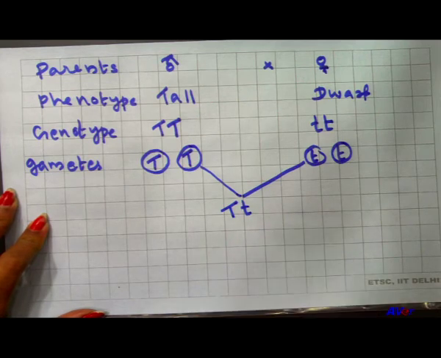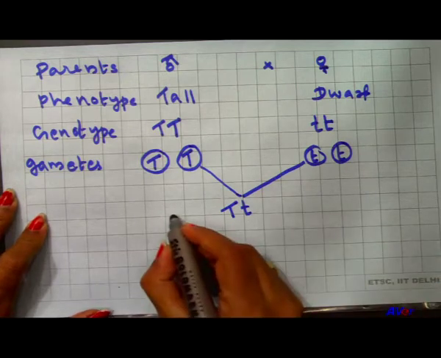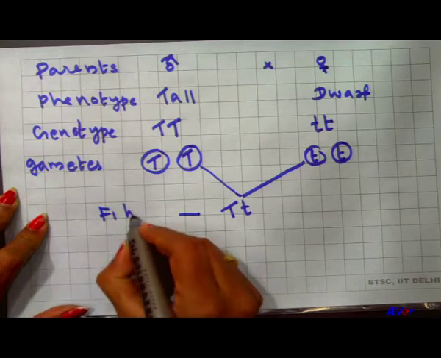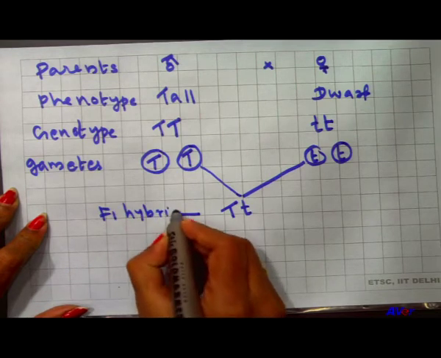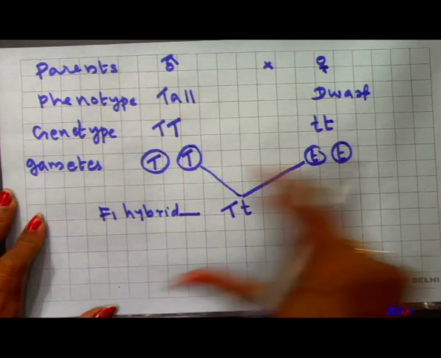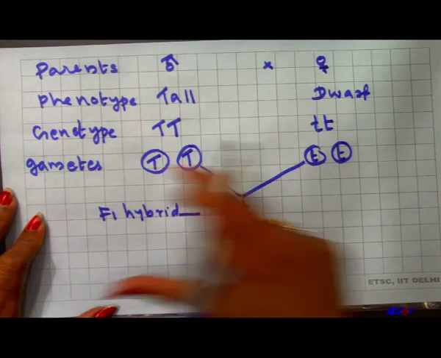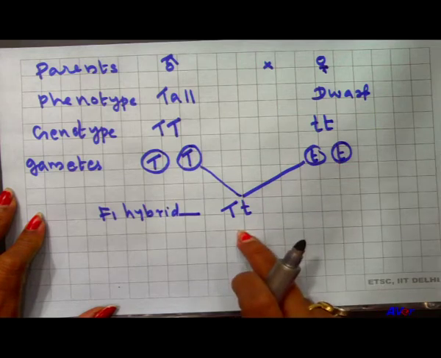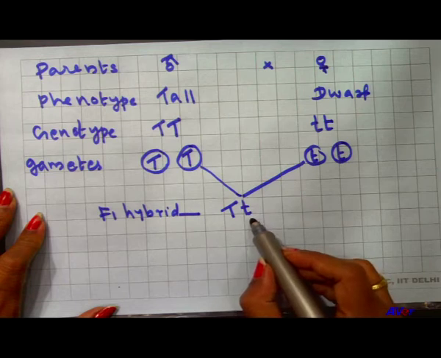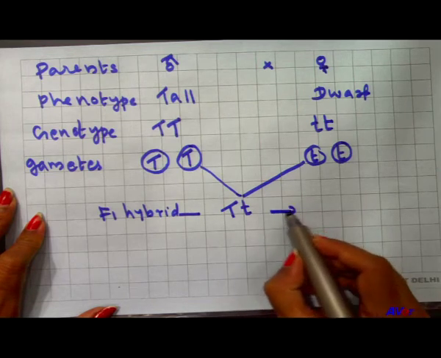Now, what will be the phenotype of this particular hybrid individual? This is our F1 hybrid. I am representing only one union here, the other progeny is also of same genotype and phenotype. So, capital T and small t alleles. Now, what will be its phenotype?